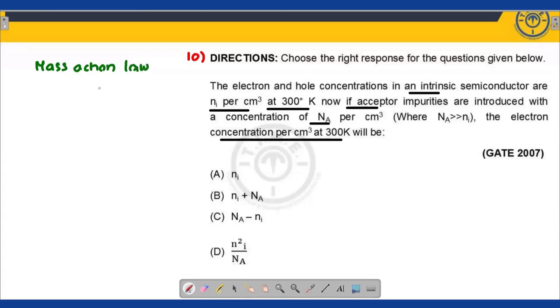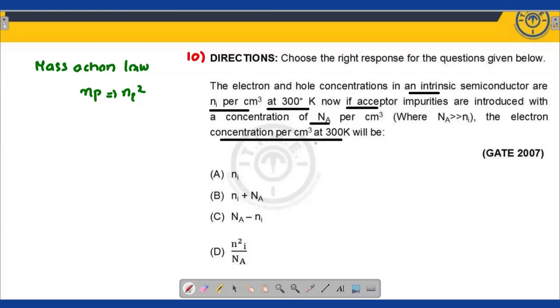Mass action law: N into P equal to Ni square. Very important, my dear students, is that acceptor impurities Na are introduced, and the electron concentration is being asked here.